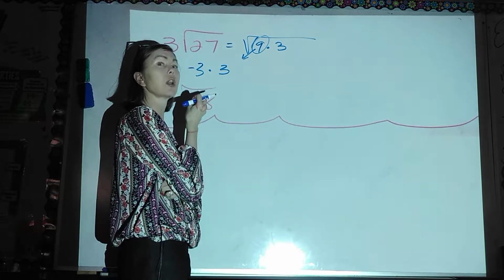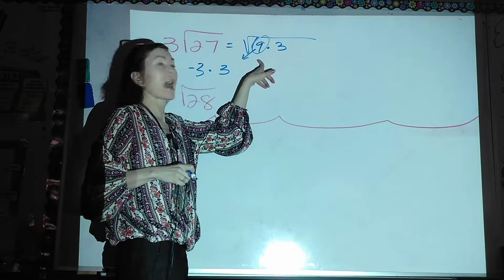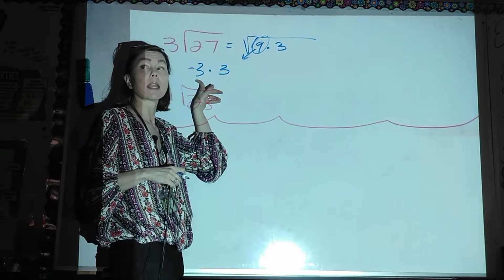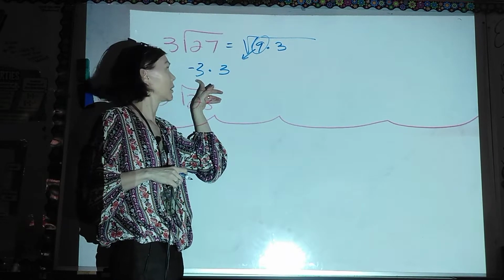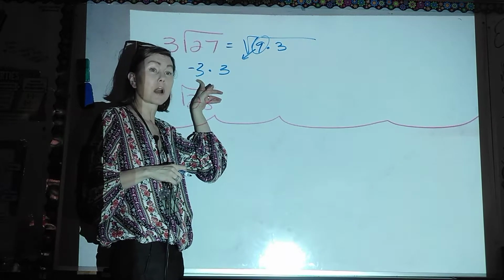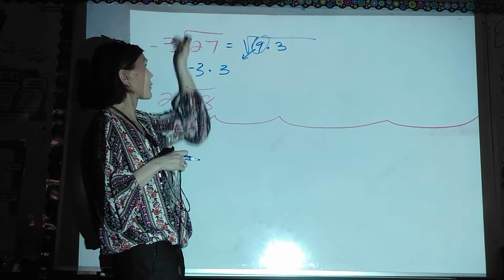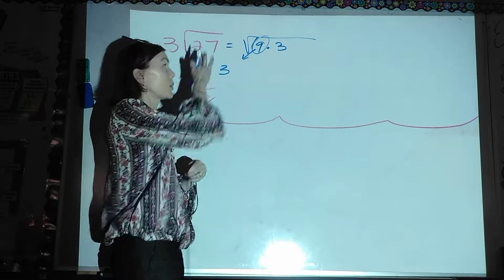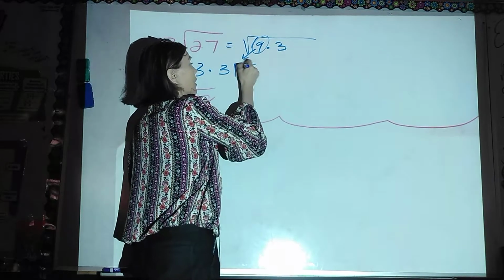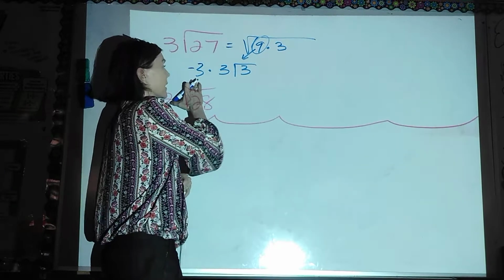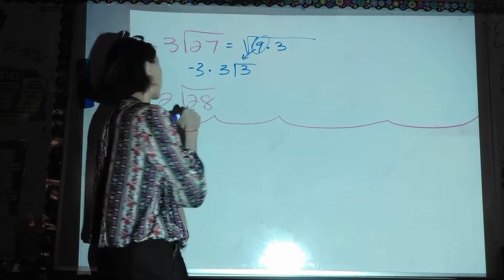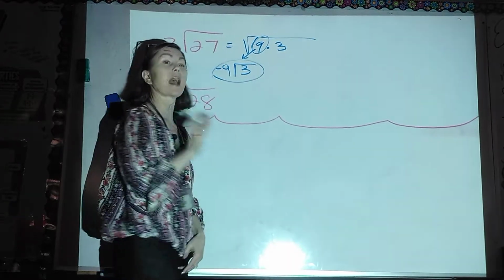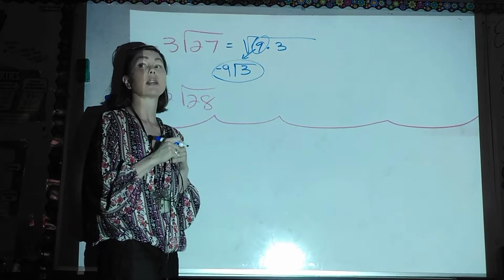So whatever we pull out of that radical needs to be multiplied to the -3 that was in front of it, because it's a -3 times whatever the result of this is. Well, we pulled out the square root of 9, which is 3, and what do we still have left over under the radical? 3. So now, what does a -3 times 3 give us? -9. So our final simplified answer here is -9 radical 3.